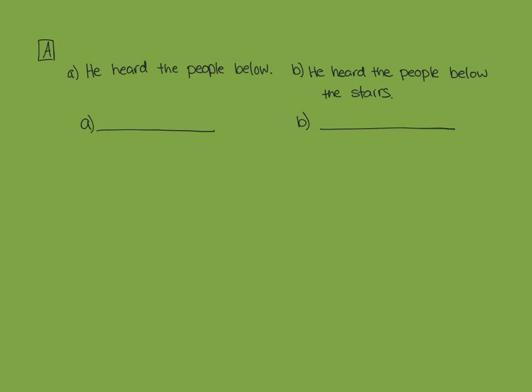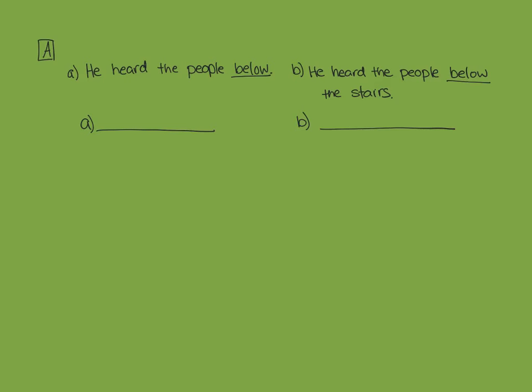For part A, they're going to give you a pair of sentences. So he heard the people below and he heard the people below the stairs. Your job is to underline the one word that could be used as either a preposition or an adverb in this sentence. So, in both sentences, he heard the people below and he heard the people below the stairs, we'll underline that word in both, and then on the line below it, you write whether it is a preposition or adverb.